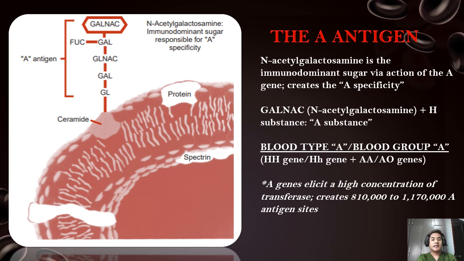Your A gene, based from scientific statistical data recorded, appears to elicit higher concentrations of the glycosyltransferase as opposed to the B gene.